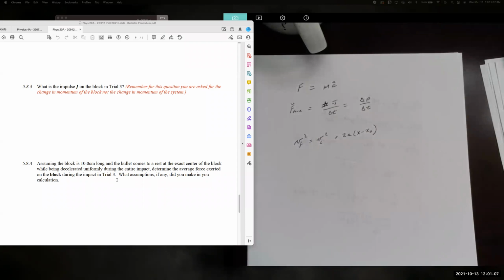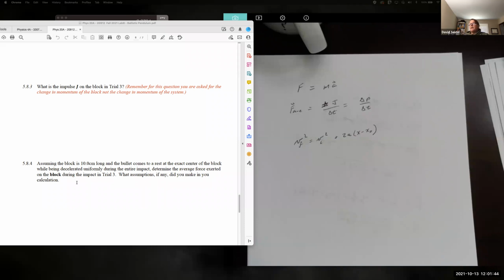Yes. But do I know how far the block moved during impact? When you run the simulation, wouldn't you be able to see how far it moves? Well, in principle, but it's going to move a very small amount. Do I know how far the bullet moved during impact? Well, how about I just measure it?